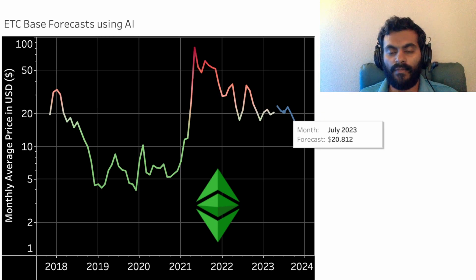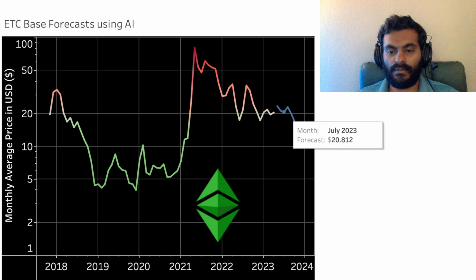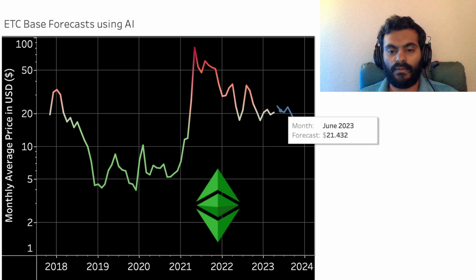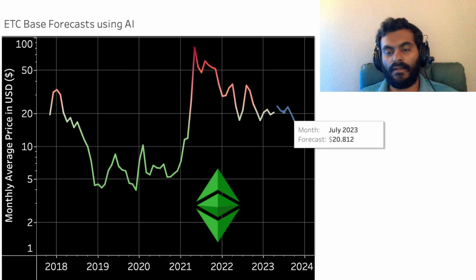In July, the model forecasts a lesser crash to around $20.81. So in total, about a 15% move to the downside, which is around the current price for this token, till July.